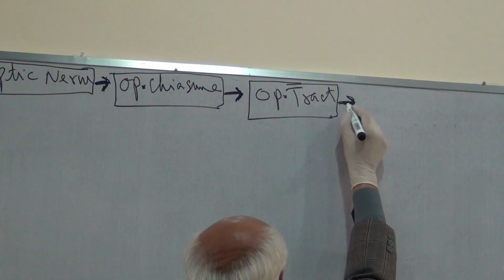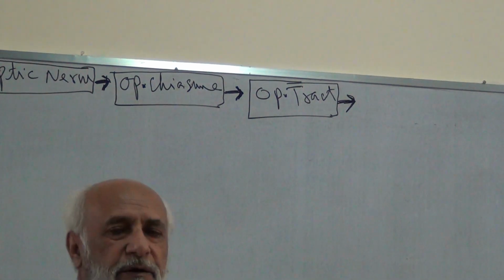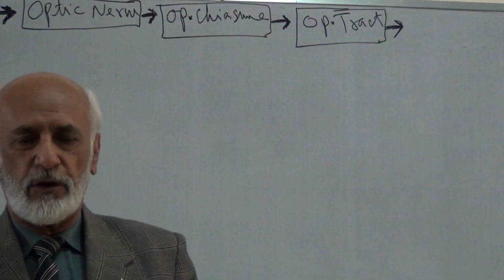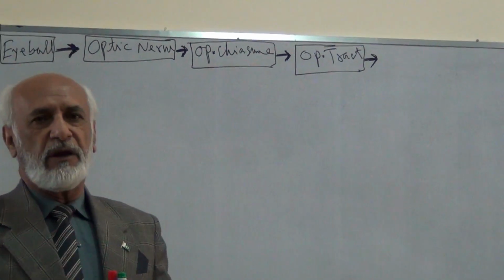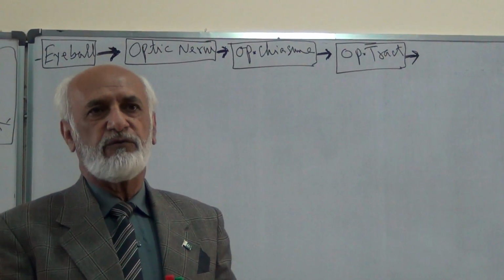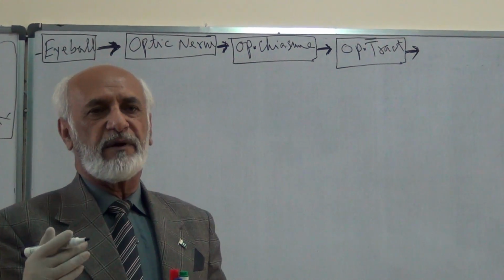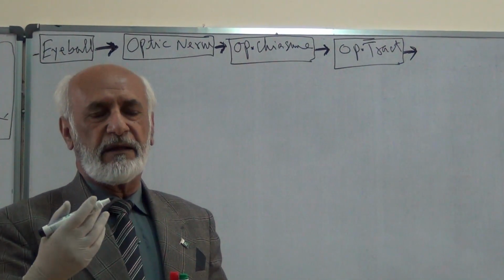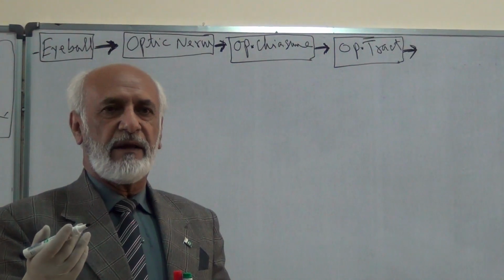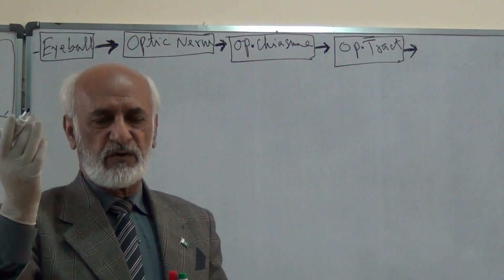and I told you that the optic tract divides into a lateral root and a medial root. The lateral root is part of the visual pathway. The lateral root fibers of the optic tract relay in the lateral geniculate body, then optic radiation, and then visual center.